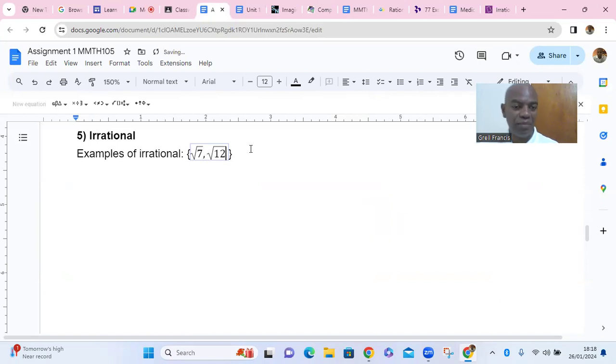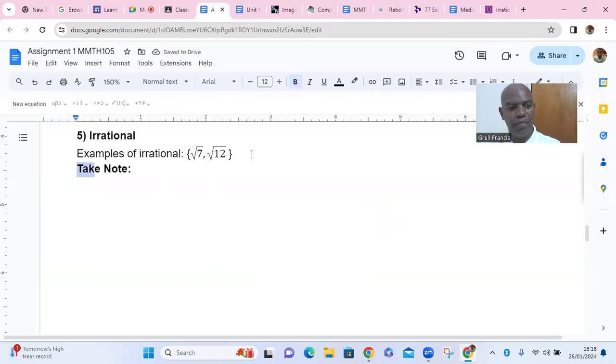A square number is not in the list, so you can do it by saying take note. And put that take note up there.